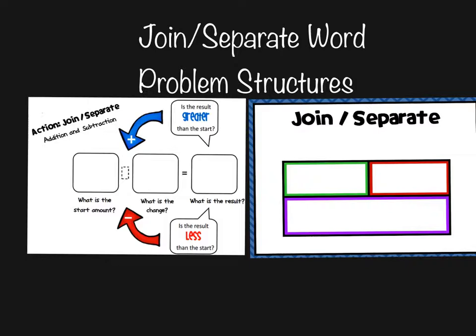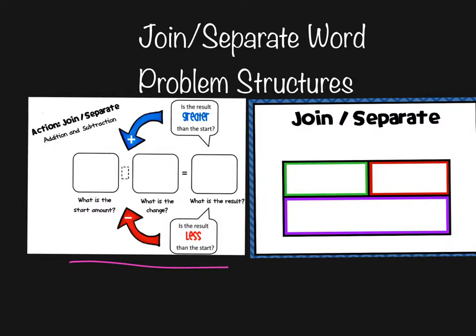Now, what you see before you is 2 different strip diagrams, 2 different ways to show a join or a separate problem set up. In this one, on this side, you'll see that we have the plus sign here on the top, because if it is a join problem, we would put a plus sign right between those 2 numbers.